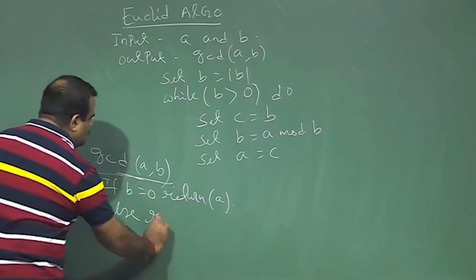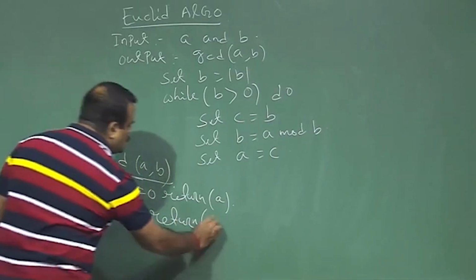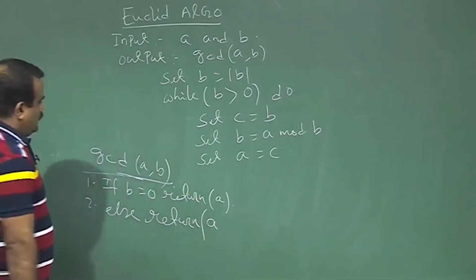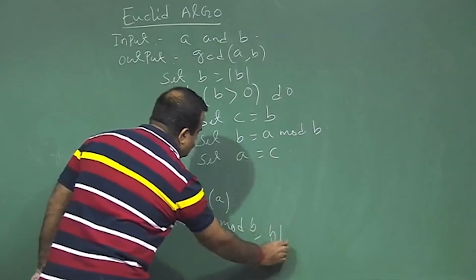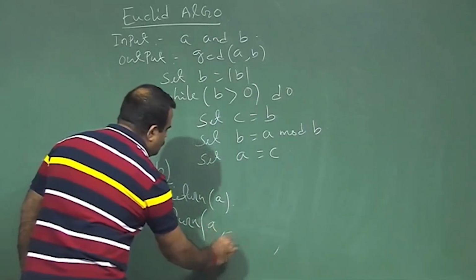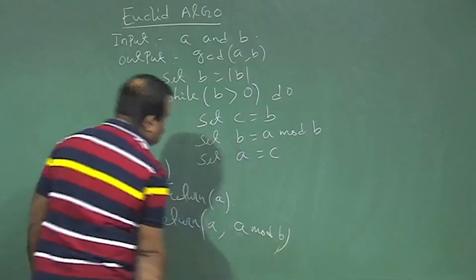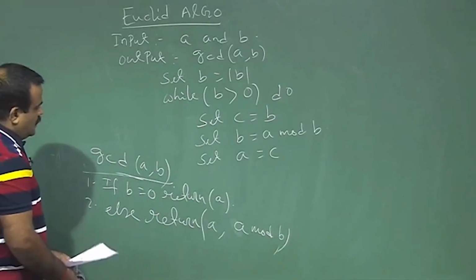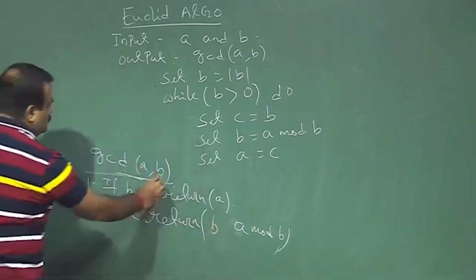We return, this is the recursive call, return b comma a mod b, sorry, this is the b part.